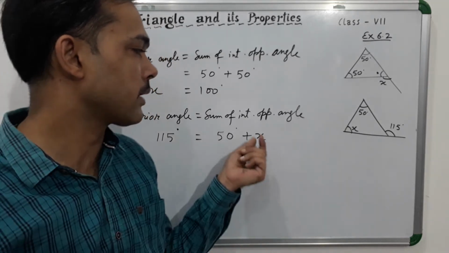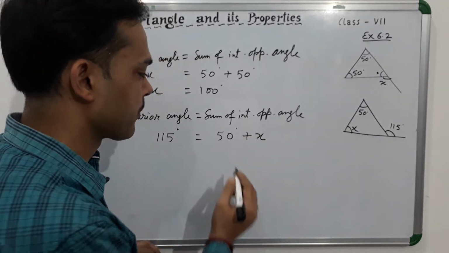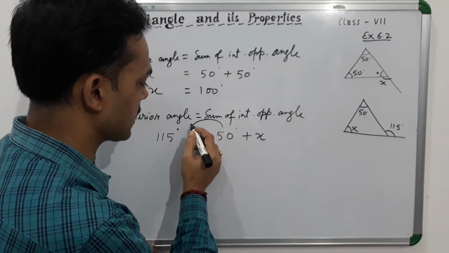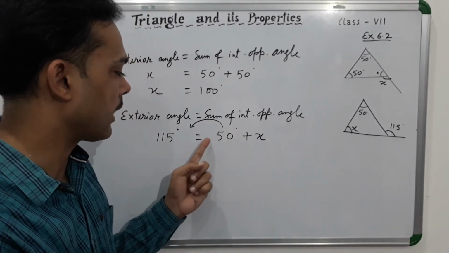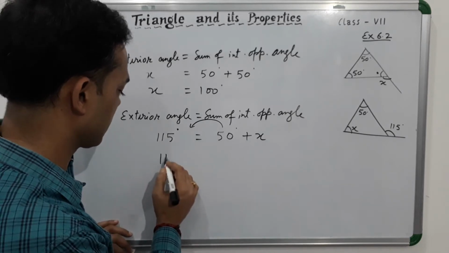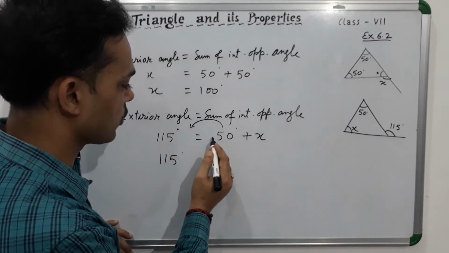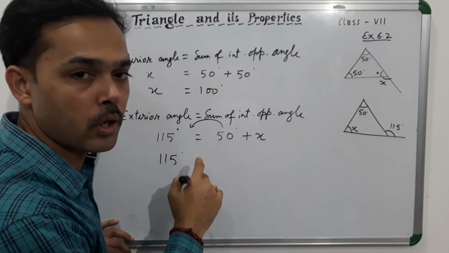Now we have to find the unknown variable x. That is why we will transpose this 50 towards the LHS, and since it is plus over here, if there is no sign, it means it is positive.